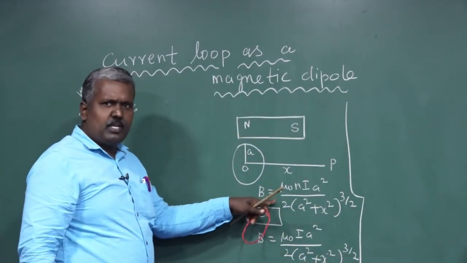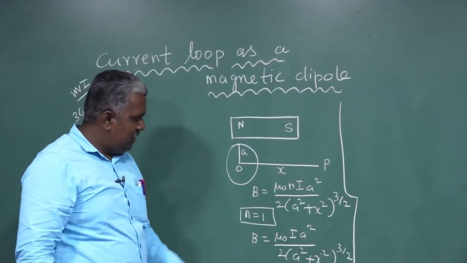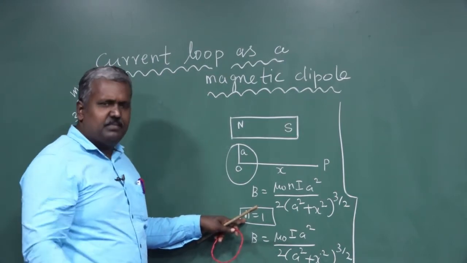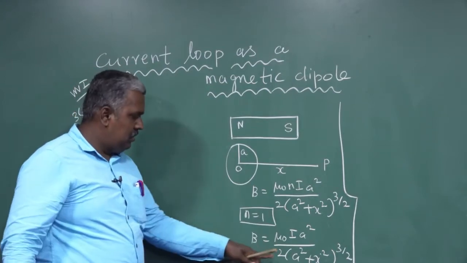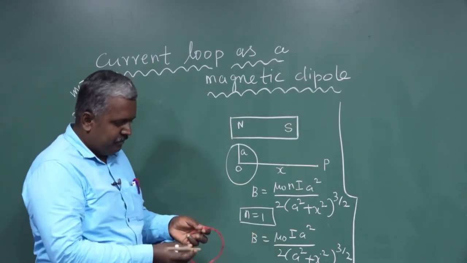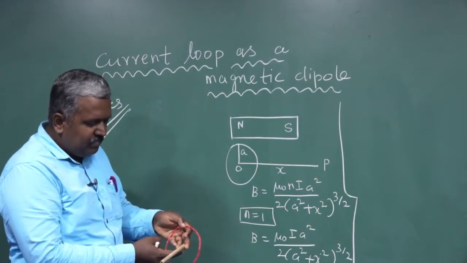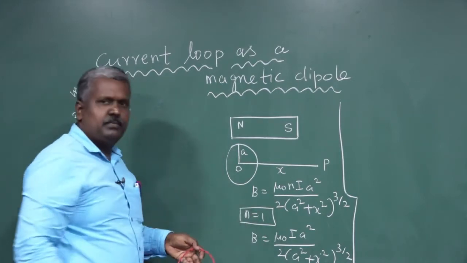This is field due to circular coil along the axis of the coil carrying current. If N is equal to 1, that means the number of turns is 1, for a single coil, this is the field value from the center of the current loop at a distance x at this point.